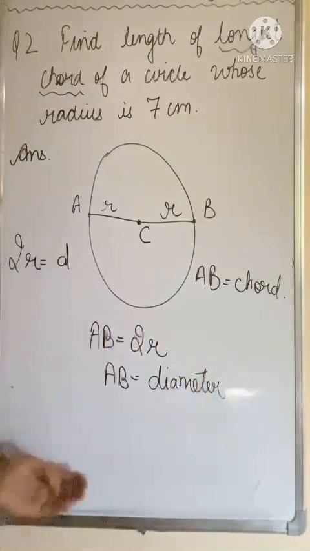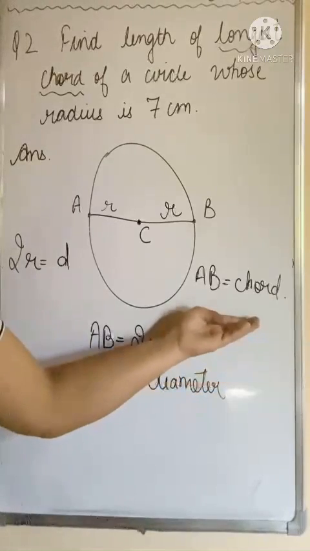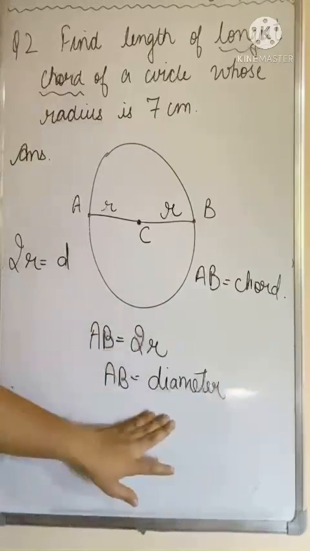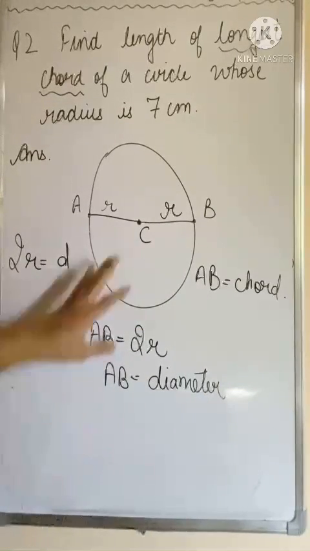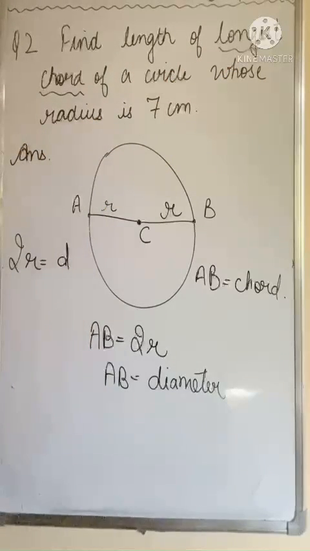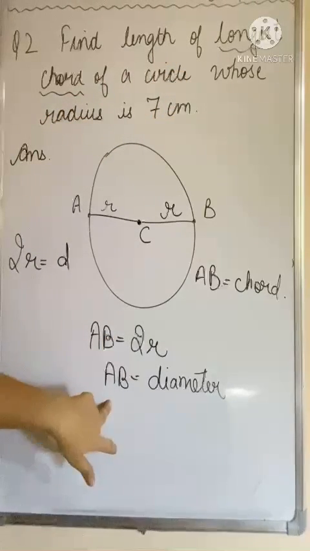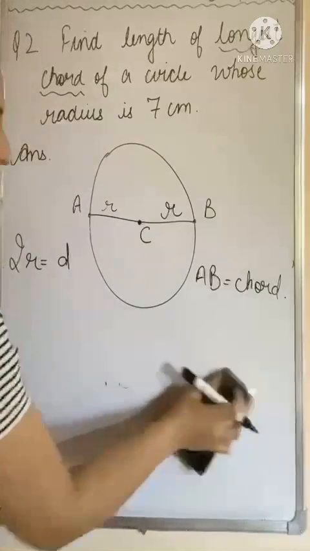Also, we have already learned that the diameter is the longest chord of the circle. So, students, always remember the longest chord of a circle is always its diameter. Now in our question we need to find the length of the longest chord. It means we need to find the length of the diameter only, because the diameter is the longest chord. So what is the formula to find the diameter?